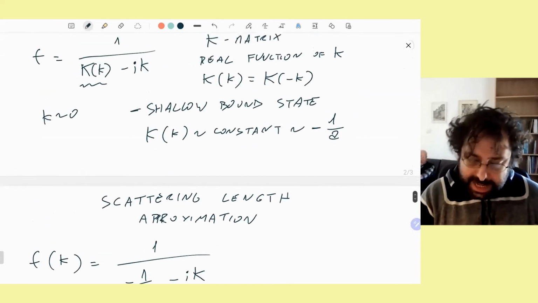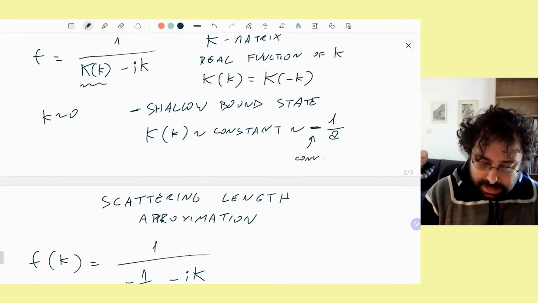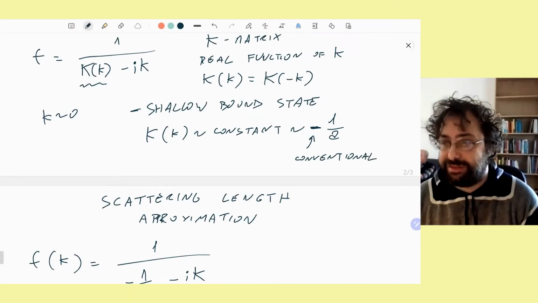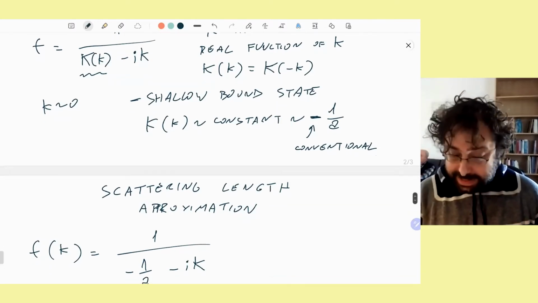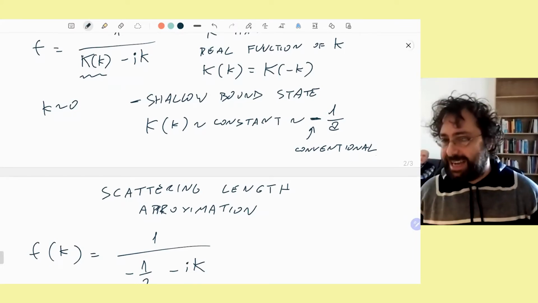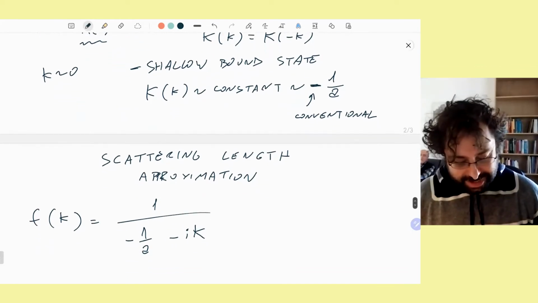Be careful with this sign here, because you can find it different in different books. This depends on the convention that you choose for the scattering length. Of course, there is a possibility of choosing two different things. There are always two groups of people that follow different choices. So I will stick to this convention, but you can find others in the literature where you just have to flip the signs, understanding what convention you are talking about.